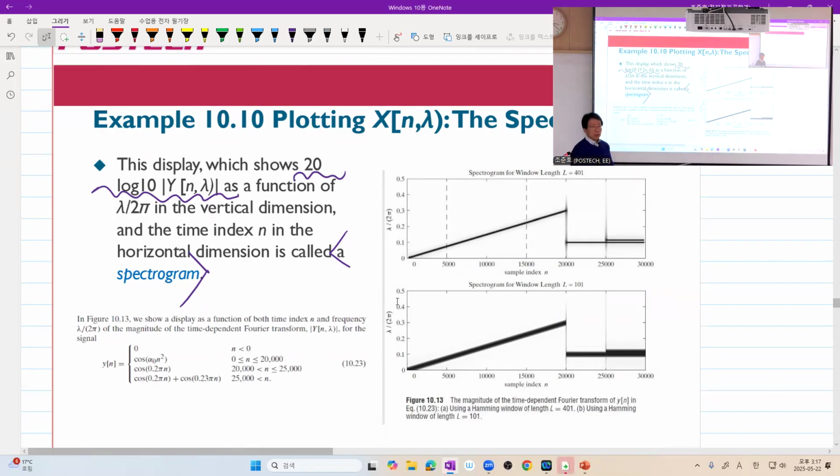Got it? So the short time Fourier transform is a very good tool to show the frequency contents at each time instant. And you may say, wait a minute, then why don't we use the short time Fourier transform instead of the Fourier transform? Let's talk about that later. Okay, that's all for the day.